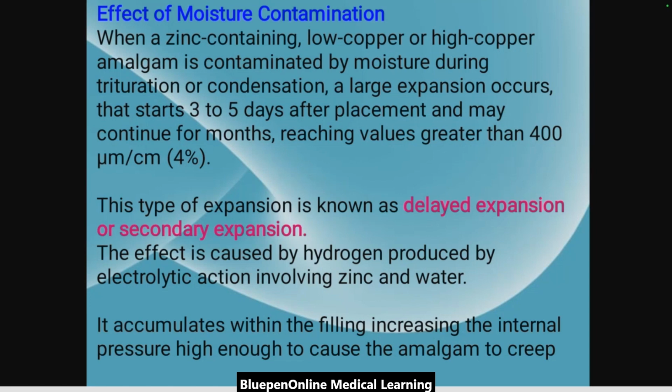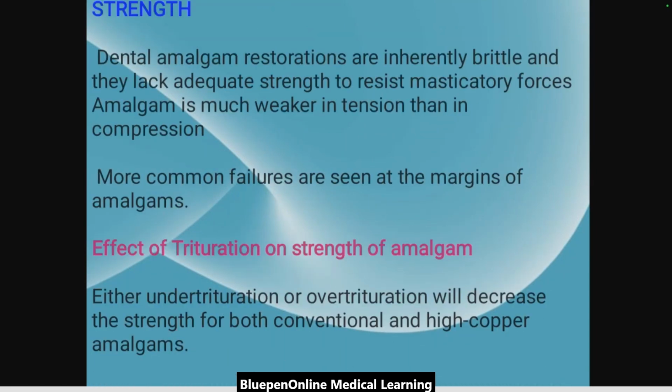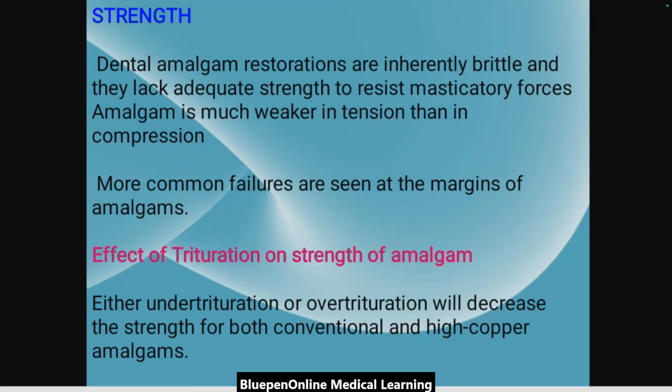So due to moisture contamination, failure of the restoration may occur. So it is very important to take precautions to avoid any moisture contamination. It happens with any low copper alloy or high copper alloy. Both forms can undergo this delayed expansion because of moisture contamination.